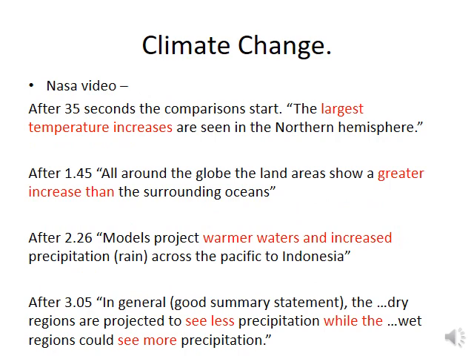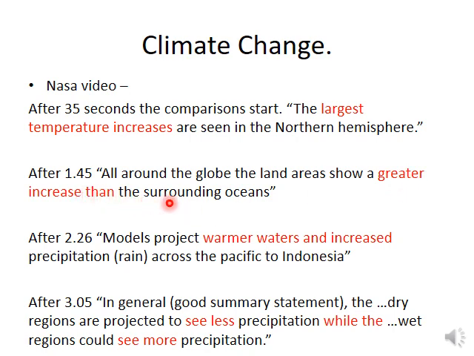And in the NASA video, after 35 seconds, the comparison started. The largest temperature increases, yeah. The largest, the greatest. This is comparing where the temperature is most increased. Again, after 1 minute 45, all around the globe, the land areas show a greater increase than... Remember, earlier we learned more than.